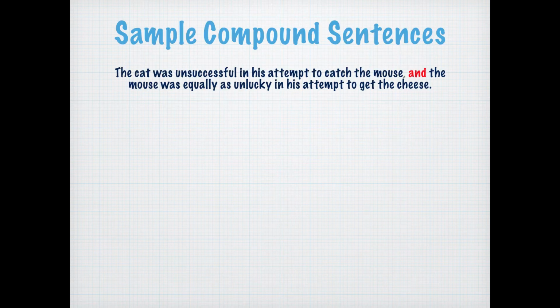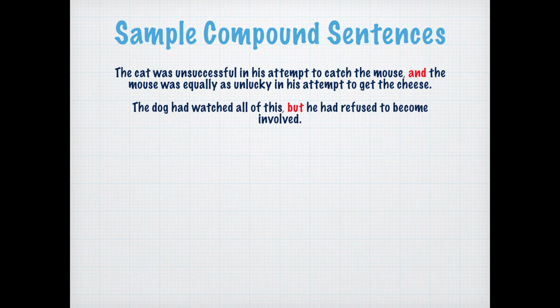So here's some examples. The cat was unsuccessful in his attempt to catch the mouse, comma, and the mouse was equally as unlucky in his attempt to get the cheese. We see an independent clause there, and then a comma and a coordinating conjunction, and another independent clause. The dog had watched all of this, comma, but he had refused to become involved.